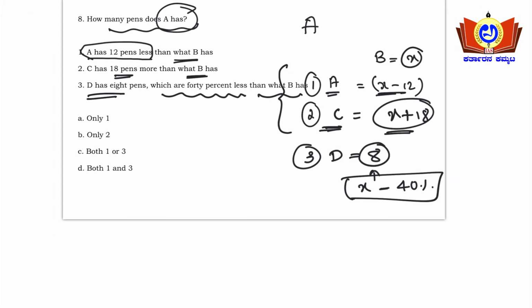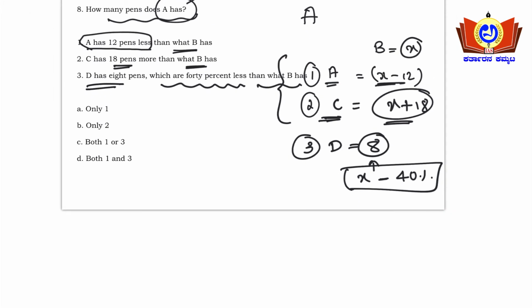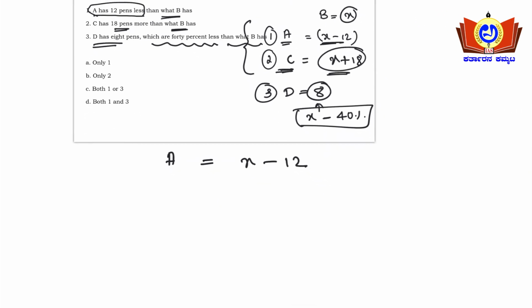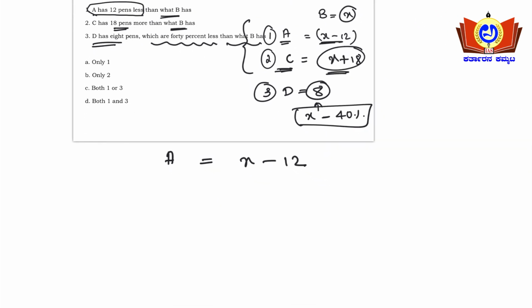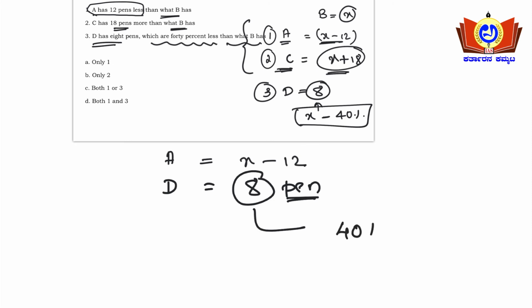See here, then we will club the equations here. So what we got here, A will be X minus 12. And see friends, when you take the third statement, it is telling that D is having 8 pens, and this 8 is actually 40% less than what B has.